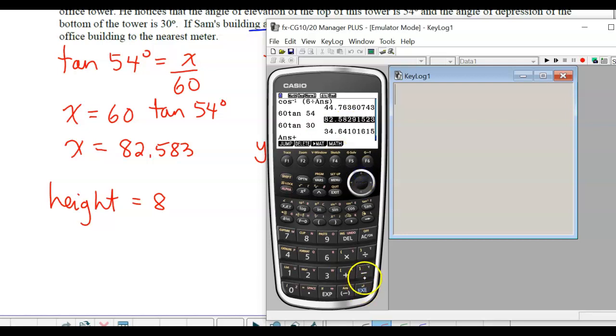If I do that and execute, for some reason it's not working.